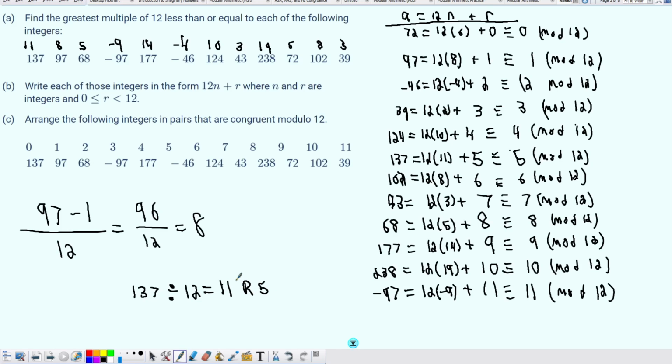So we would know that 137 is congruent to 5 mod 12. We could have done it that way, but the problem was sort of guiding us to seeing the conclusion on our own. And of course, this establishes 137 is congruent to 5 mod 12.